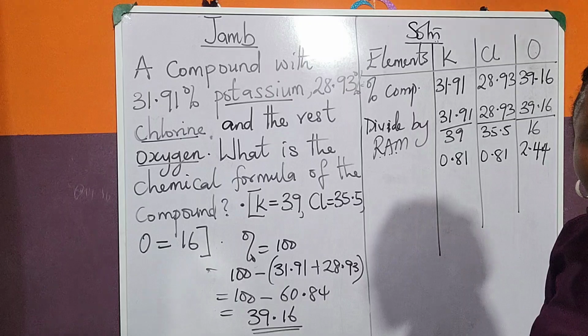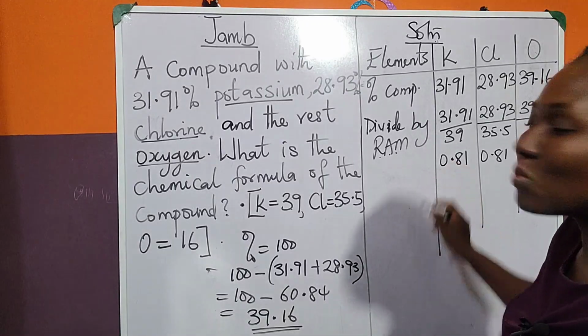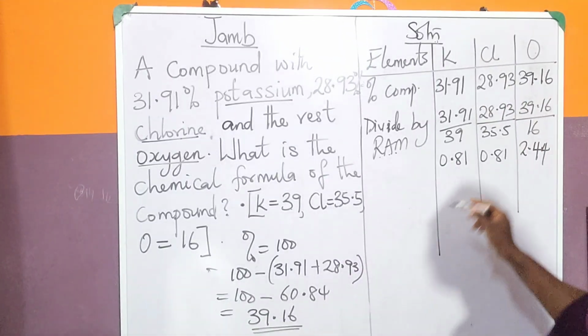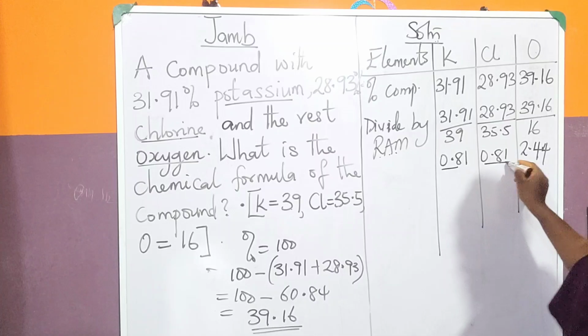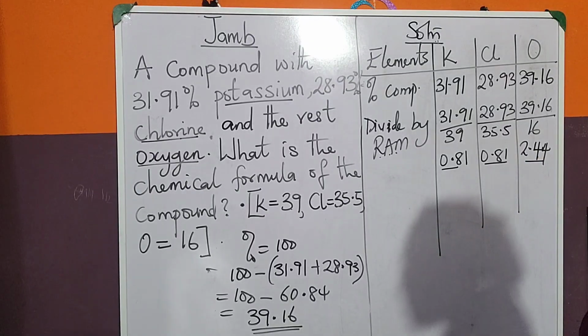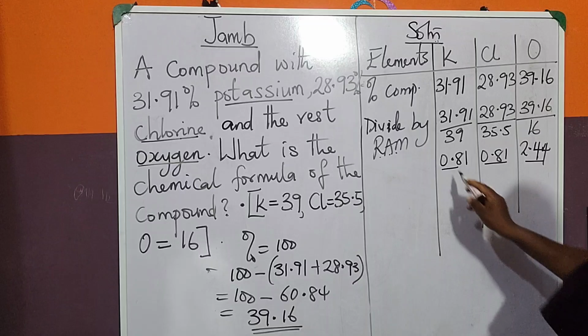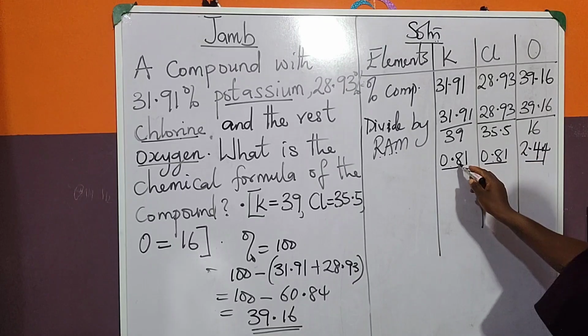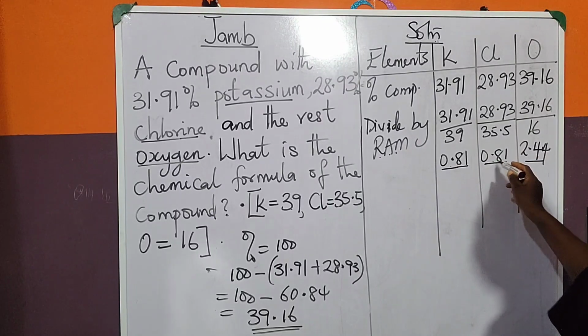What is my next line of action? The next line of action is to divide by the smallest value. I will consider these 3 values. Whichever is the smallest, I will divide everybody by it. The smallest value here is 0.81.